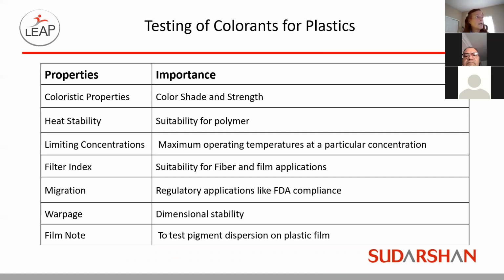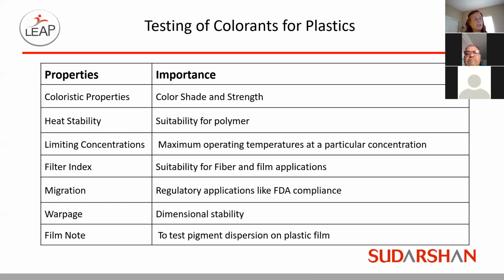But also, as I mentioned, we want to make sure that we check the heat stability so that we can assess how suitable it is for all of the polymers that might be used for this colorant. And along with the heat stability, we also take a look at any kind of limiting concentrations with respect to heat stability, because we want to understand how versatile the colorant is in these polymers.